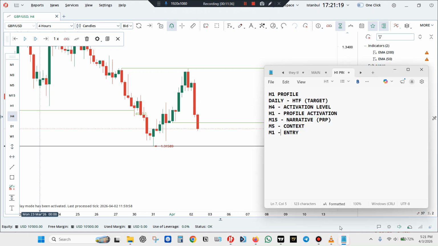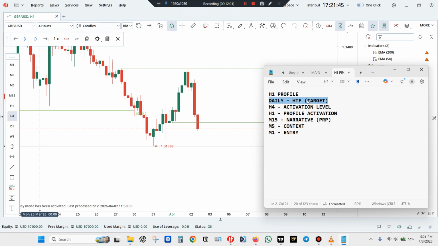Those of you who thought of H1 profile, you got it correctly. So H1 profile has the daily level as our highest time frame, and in our highest time frame we mark two things. We decide the direction of that market, and we also decide the target, where price will easily target. We normally say we target the low hanging fruits.